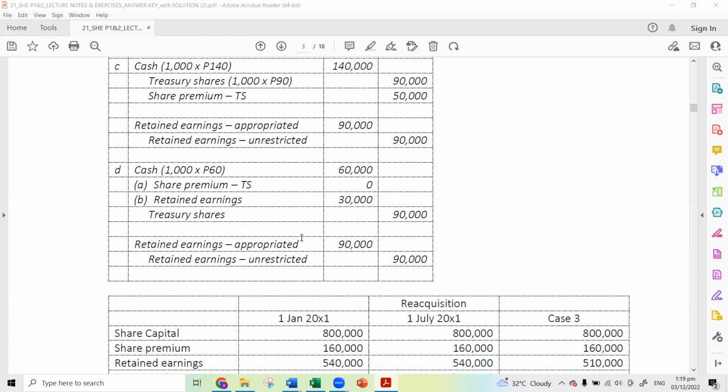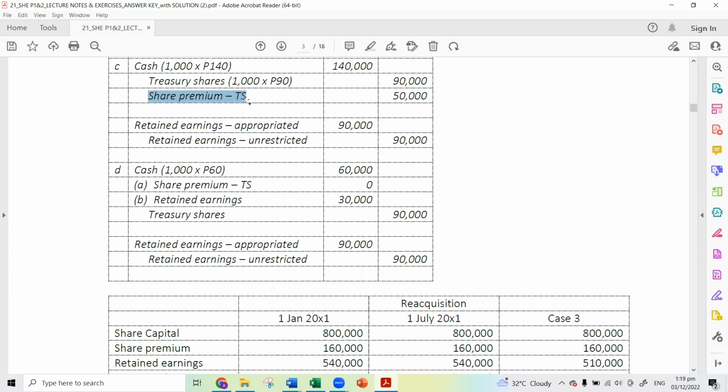Number one, any balance in the share premium of the treasury shares. Di ba meron ka ditong share premium treasury shares? So any balance in the share premium treasury shares, ito yung binabawas natin.